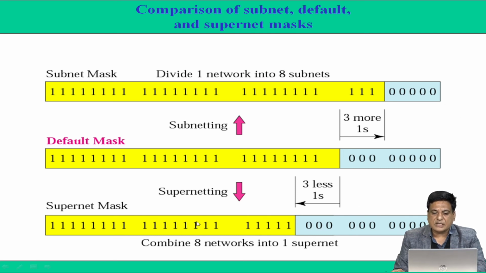In supernetting, we take a number of bits from the subnet mask and assign them to the host. Here we are giving 3 bits to the host.